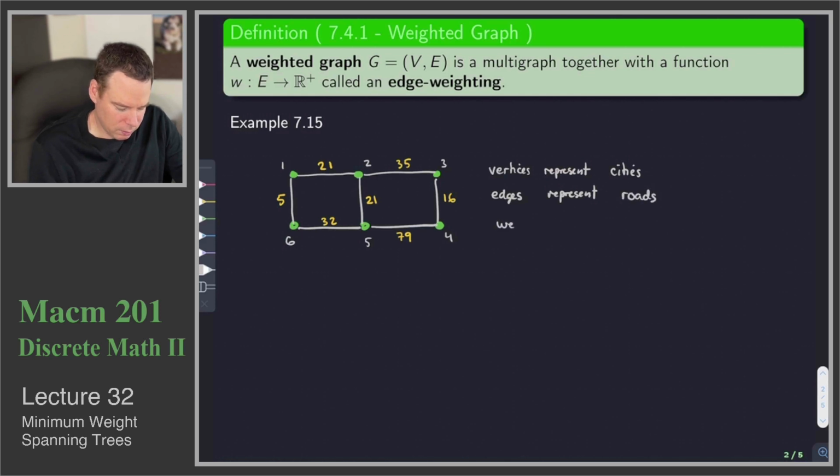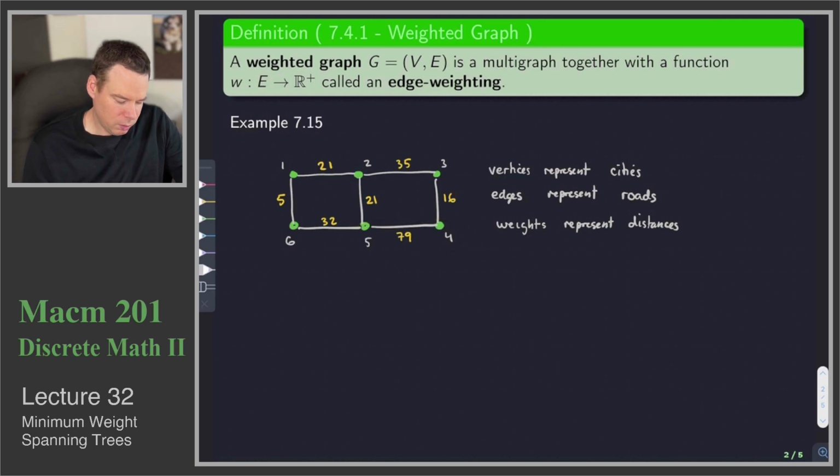And then the weights, that could represent the distances. And so we've got an interpretation of why we may want to consider a weighted graph. In this case, we can see cities 1 and 6 are very close to each other, but cities 4 and 5 are very far apart.